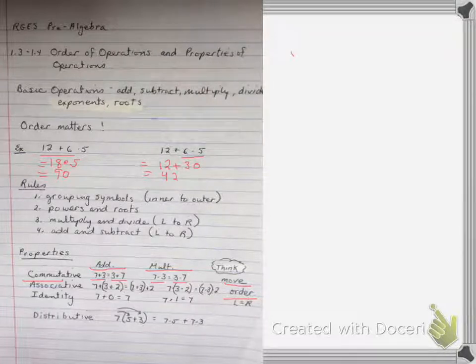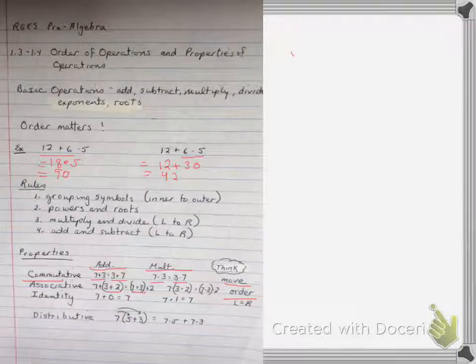So notice in the first example here on the left side of the equation for addition, I am first adding the 3 and the 2. Notice on the right side, I am first adding the 7 and the 3. That's what I mean by order. So I keep the 7, 3, and 2 in the same order on both sides of the equation, but I change which group I do first.